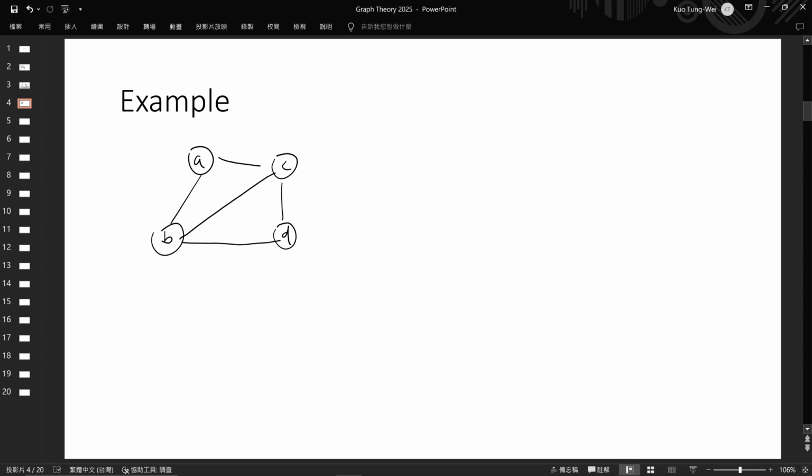So usually we're going to denote this set of objects capital V, okay? Okay, so this V is the vertex set. So this is the set of objects, and then we have the set of relationships, or the set of edges. Okay. So usually we're going to call this set capital E. Okay.